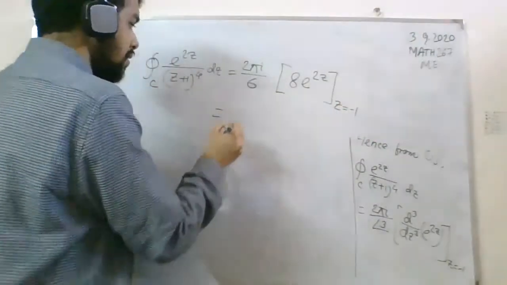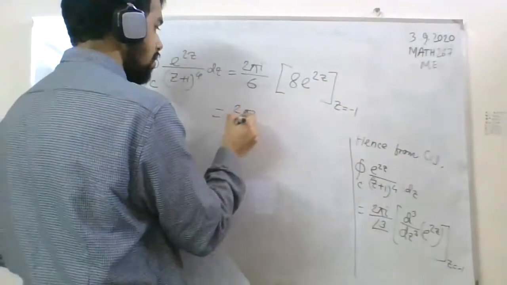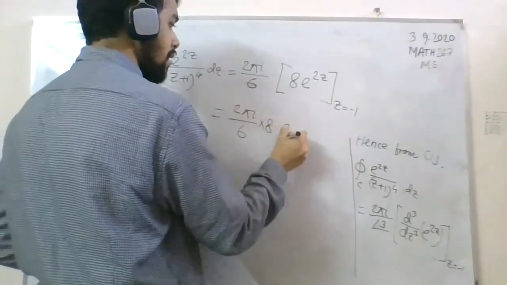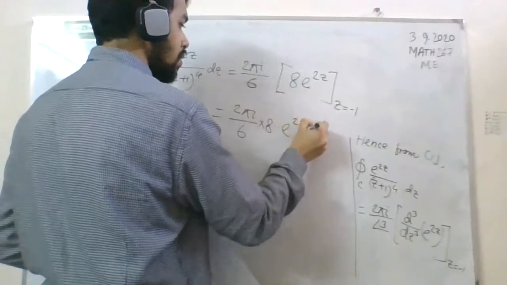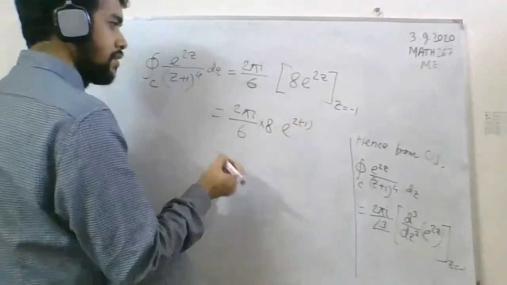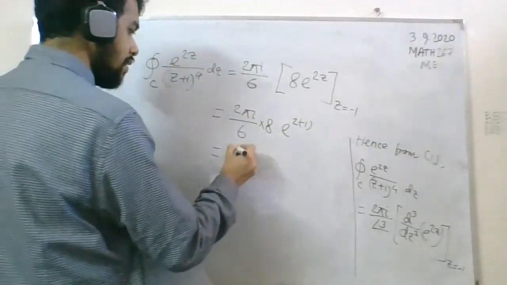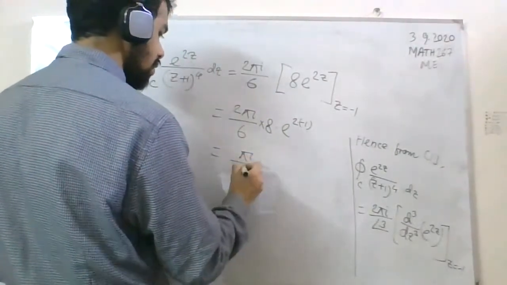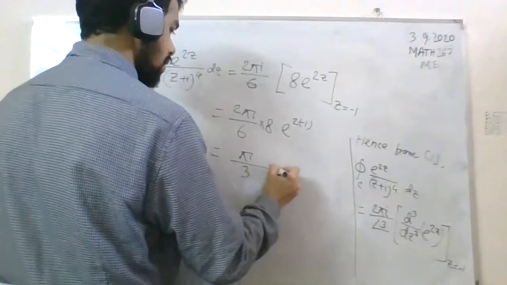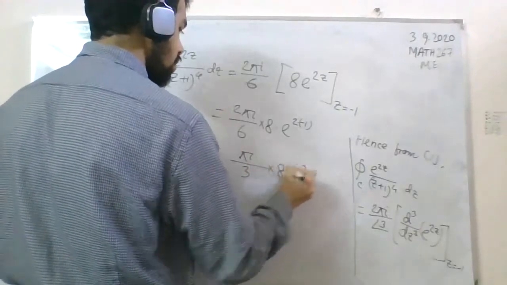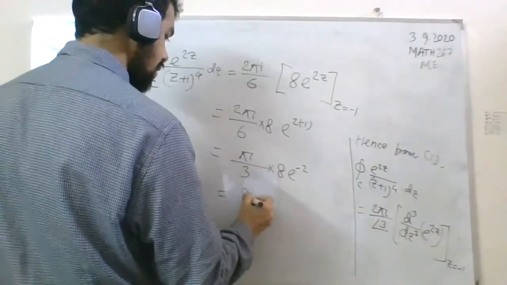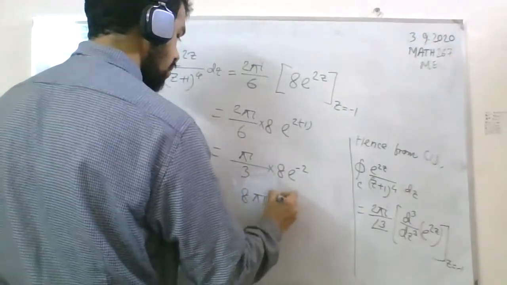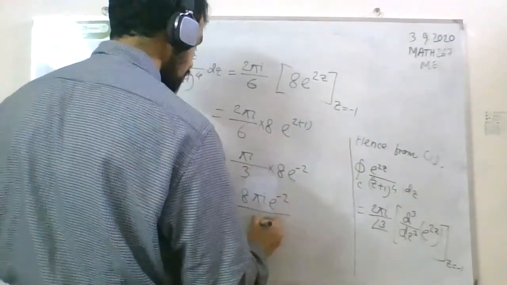And after that, wait, here 8 e to the power 2 into minus 1. Just hold those values here. And after that, we can say 8 e to the power minus 2, and we can get 8 pi i e to the power minus 2 divided by 3.